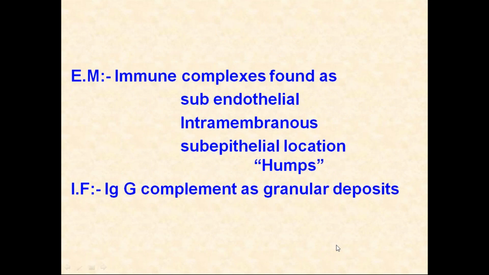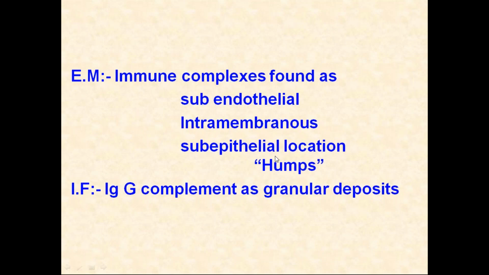Now in electron microscopy, what do you see? Various kinds of deposits. In post-streptococcal glomerular nephritis, you can appreciate subendothelial deposits, intramembranous deposits, or subepithelial deposits. And immunofluorescence, which we've already discussed, shows granular deposits of IgG and complement.